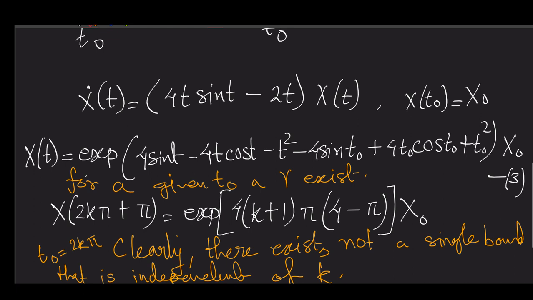Now you can say that we can take a very large bound, but what do you mean by large? If you make k tend to infinity, then also this will remain bounded, but your gamma will still be dependent on your initial time, right?